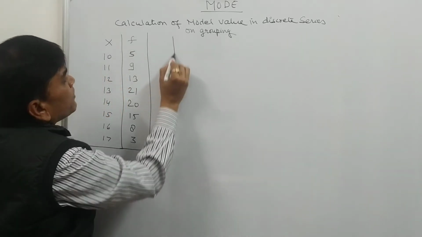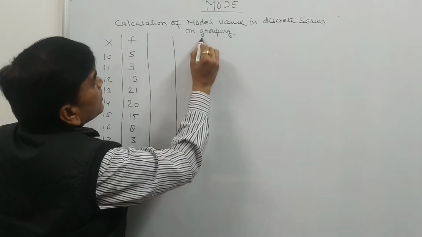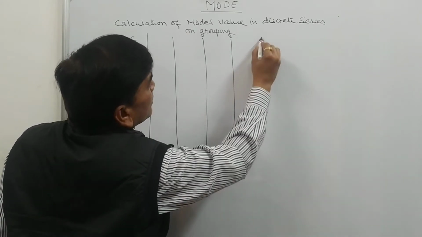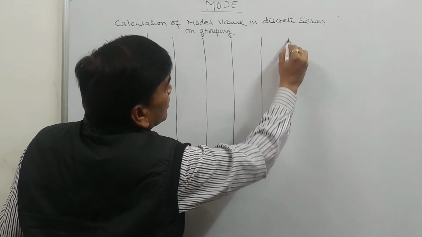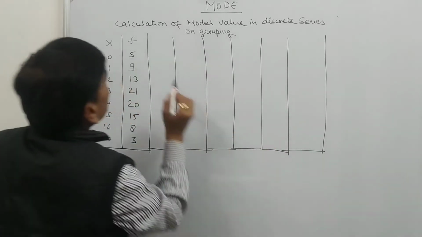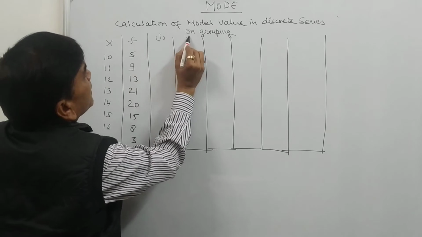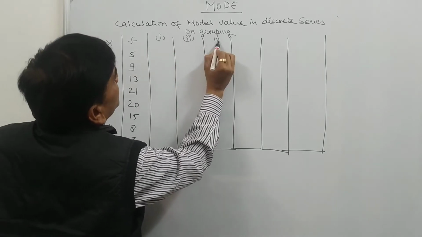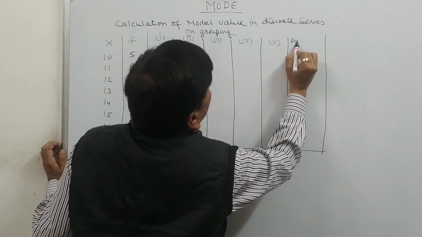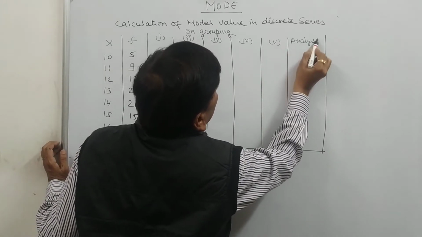We are having 5 groupings: first, second, third, fourth, fifth, and the analysis.